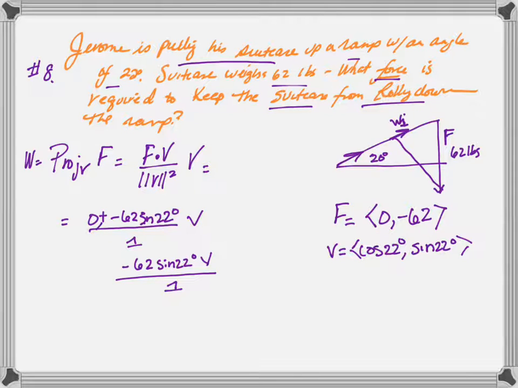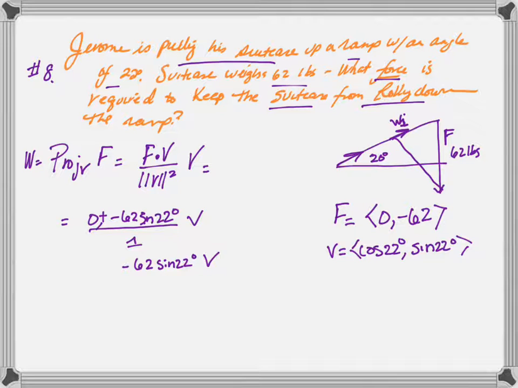Okay, so then I guess we can do it times V. We don't need to put times 1. So what's negative 62 times sine 22?